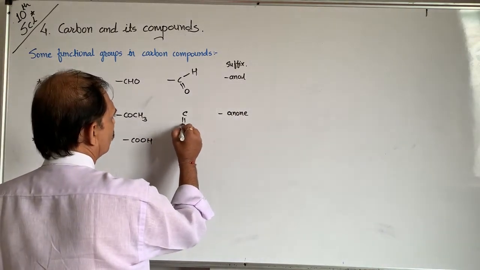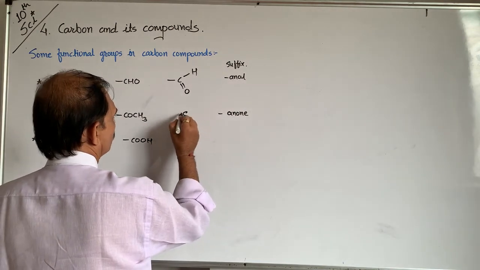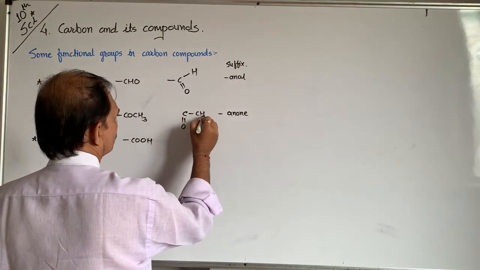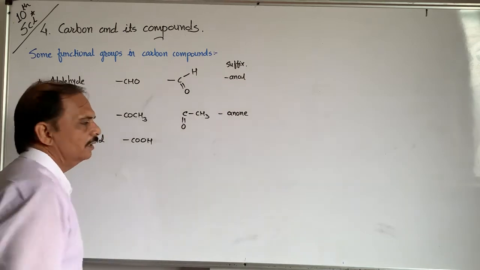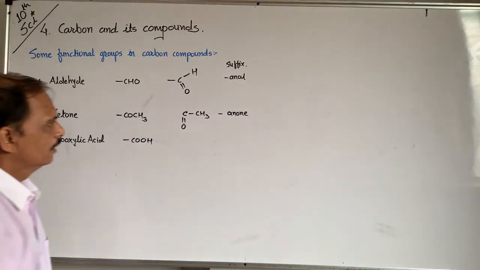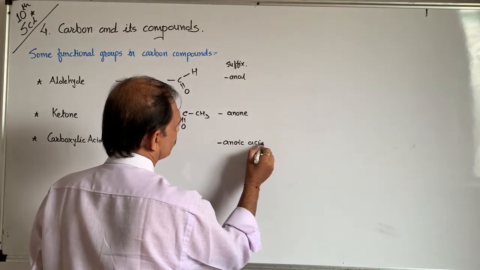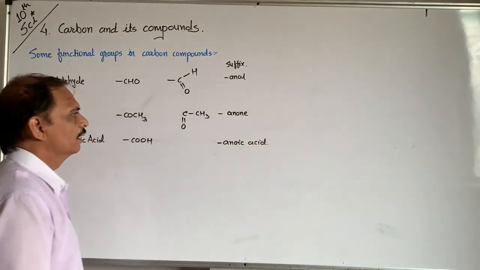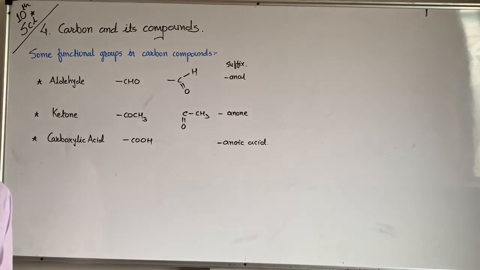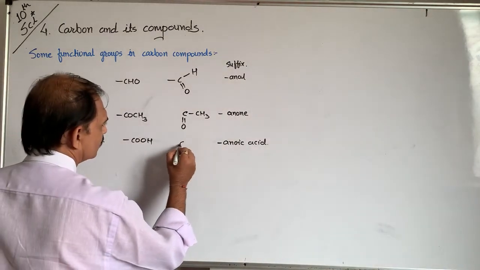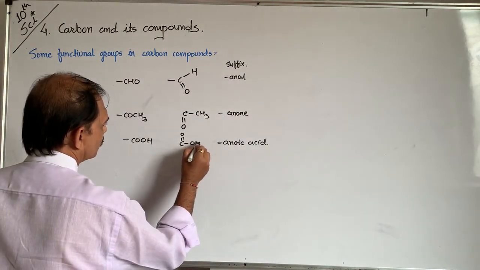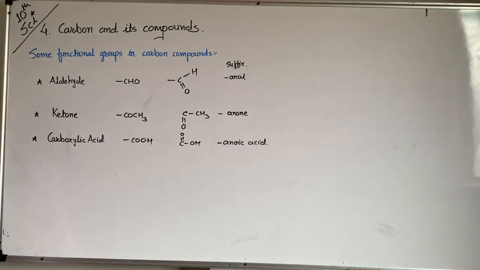C double bond O, and here only COOH. Here the suffix is anoic acid. So in this way, you can form the carboxylic acid group, C double bond O and OH, the COOH group.